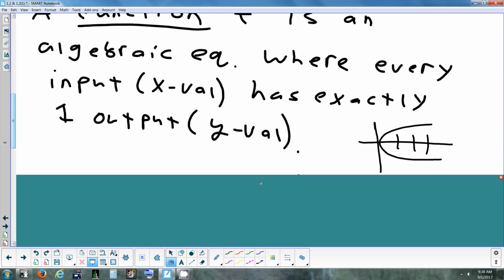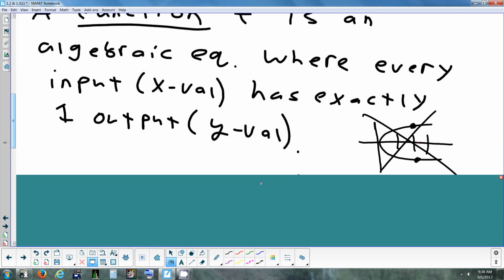If you plug in 2 for x, you get an answer up here, some y value, and you get an answer down there. Okay, when x is 2, y can be two different values. That's not a function.